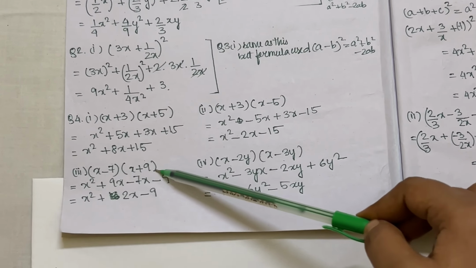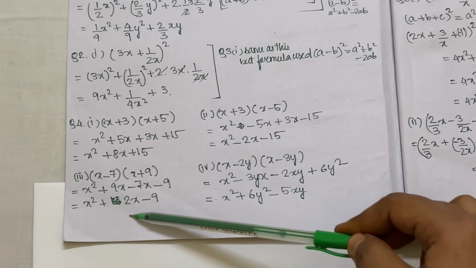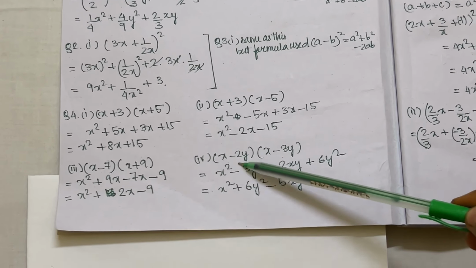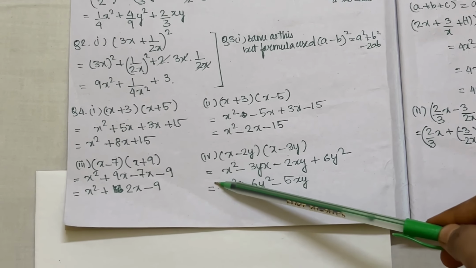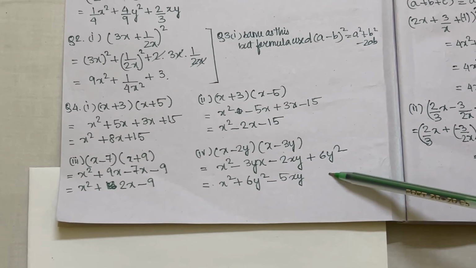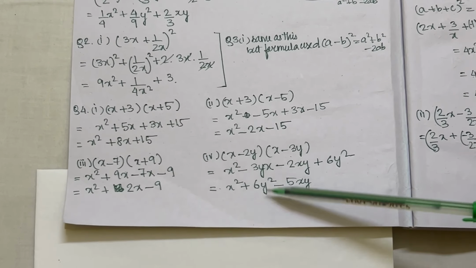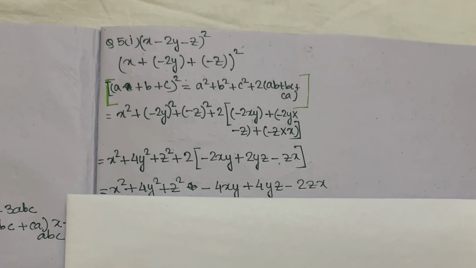So multiplying it and simplifying it, we get the answer as x square plus 2x minus 63. Fourth one, (x minus 2y) into (x minus 3y). So it becomes x square minus 3yx minus 2xy plus 6y square, that is x square plus 6y square minus 5xy. That's it.